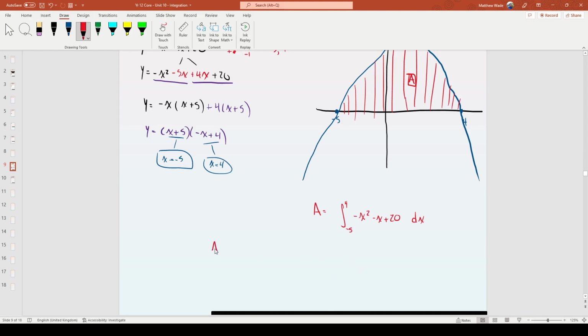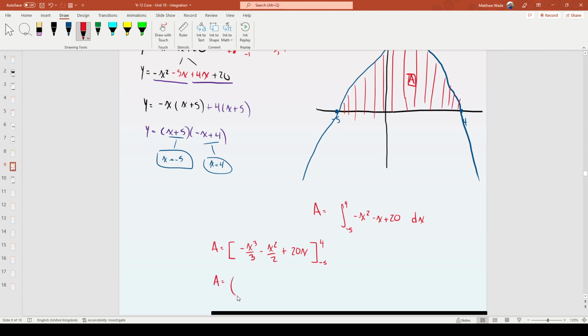So let's do it. A equals, open square bracket, minus x cubed over 3, minus x squared over 2, plus 20x. I don't need the plus c because I'm in a definite integral situation. So here we go.